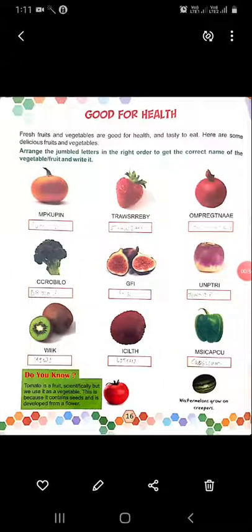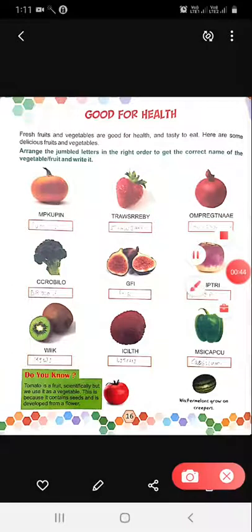On this page there are so many fruits. As we know, all the fruits are good for health, and all the fruits have different types of vitamins. Vegetables also have different types of vitamins and proteins.